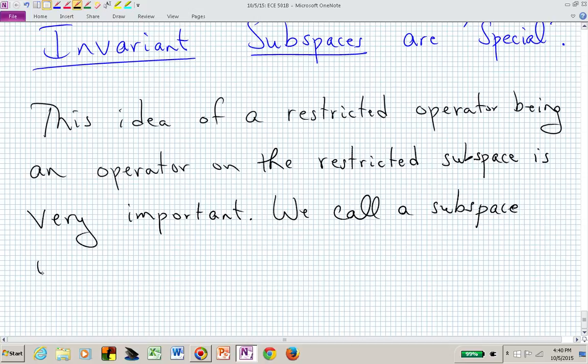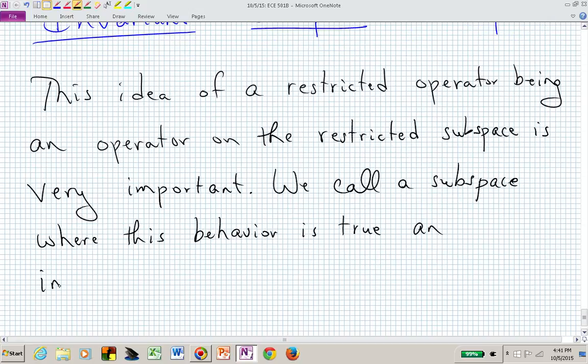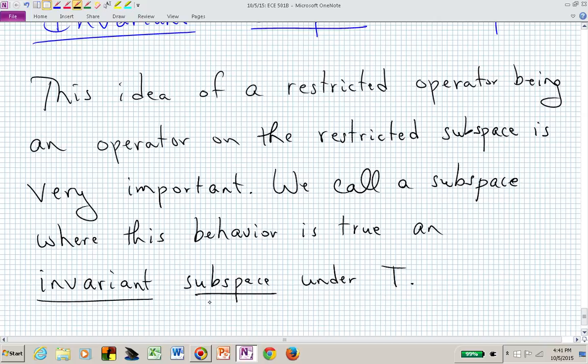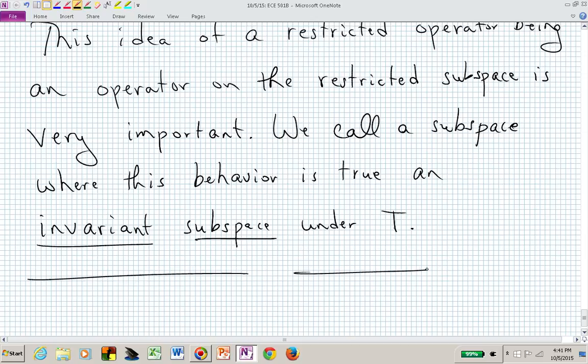We call a subspace where this behavior is true, where we start in a subspace and we use that linear operator and we end up back in the subspace, an invariant subspace under the linear map T. So an invariant subspace means that if we start in that subspace, we operate on that vector with that linear map, we end up back in that same subspace.